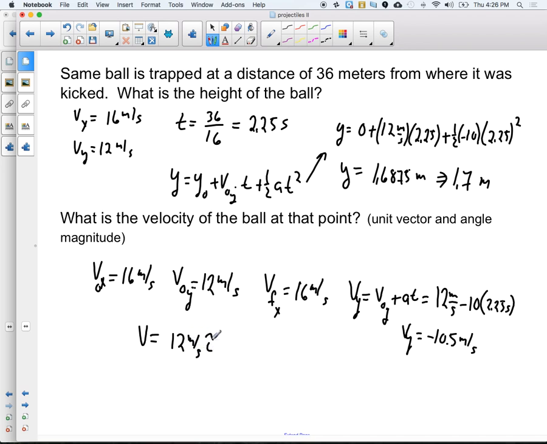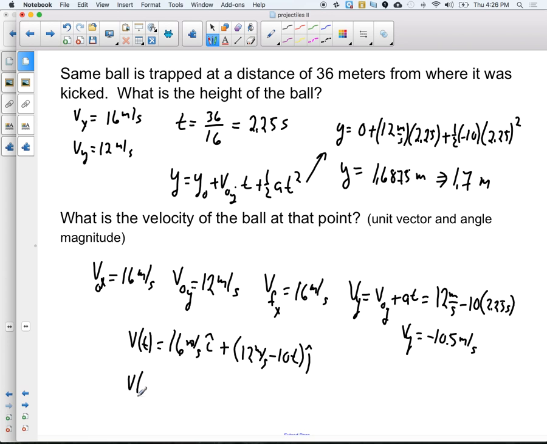So v as a function of t would be 16 meters per second i hat plus 12 meters per second minus 10t j hat.